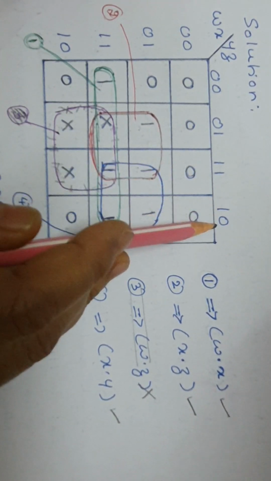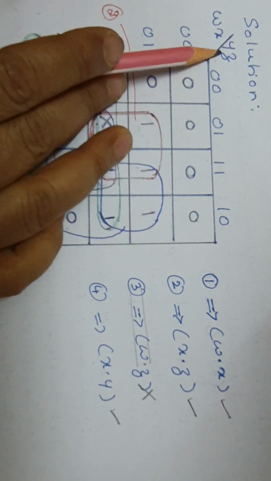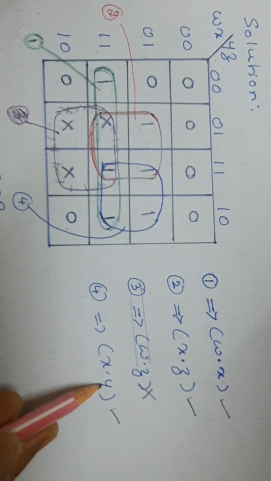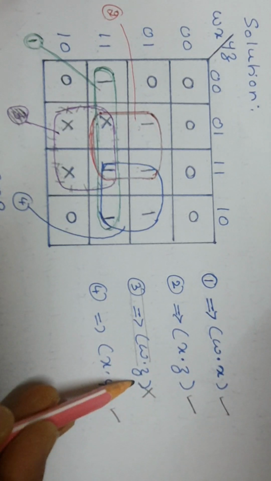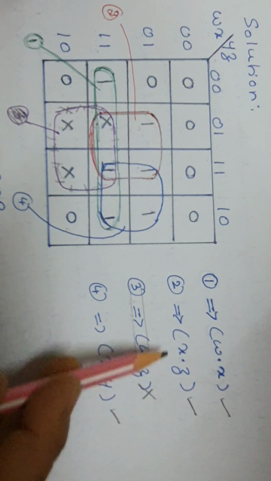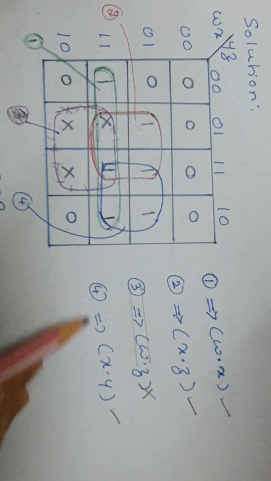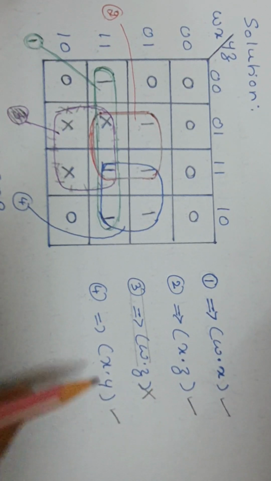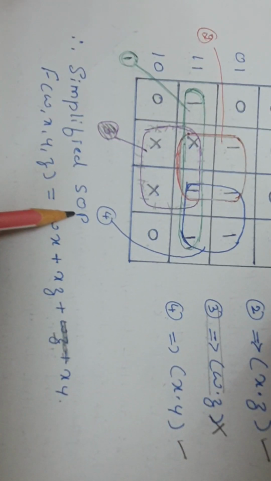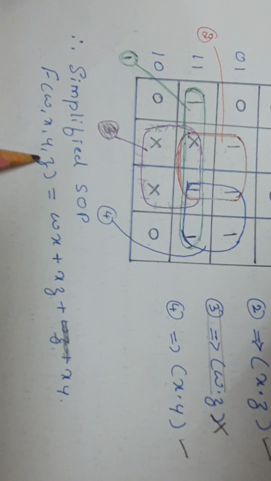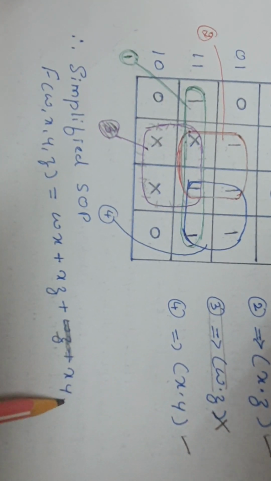So 1 1 1 0. This 1 is common, which corresponds to y, we have written here. This should be neglected. So then 1, 2 and this 4 form the final expression. That is the sum of products expression: f of w, x, y, z is equal to wx + xz + xy.